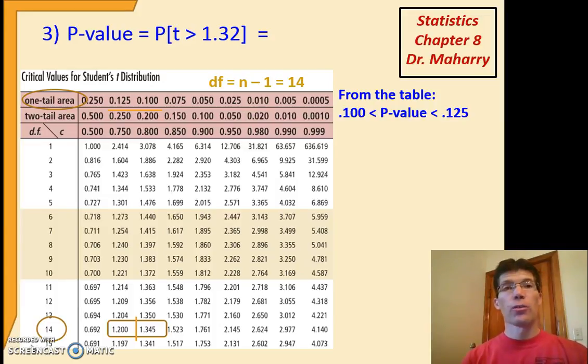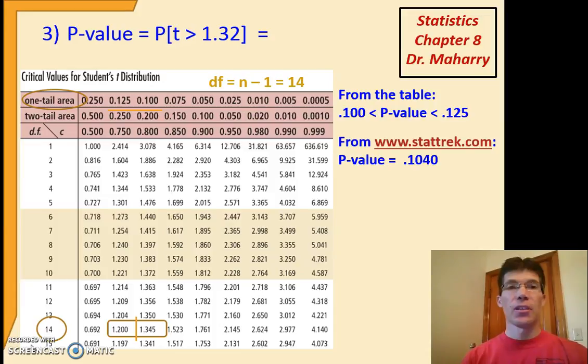Now there are other resources where you can find the p-value exactly. There's a website, stattrek.com, that has a lot of statistics calculators. If you go to stattrek.com, down the left side, you can look up normal distribution, binomial distribution, t-distribution, all sorts of different things. So if you plug in 14 degrees of freedom and a t-value of 1.32, you can get the exact p-value. And notice that 0.1040 is between 0.1 and 0.125.